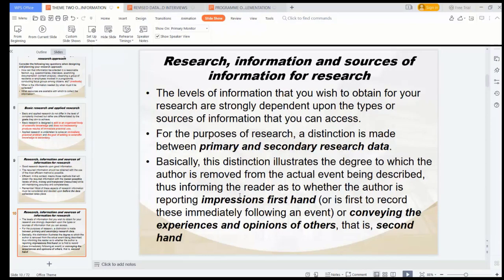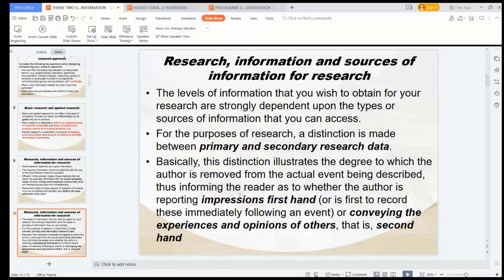The levels of information that you wish to obtain for your research are strongly dependent upon the types of sources of information that you can access. For purposes of this research, a distinction is made between primary and secondary research data. Basically, this distinction illustrates the degree to which the author is removed from the actual event being described, thus informing the reader as to whether the author is reporting first impression.